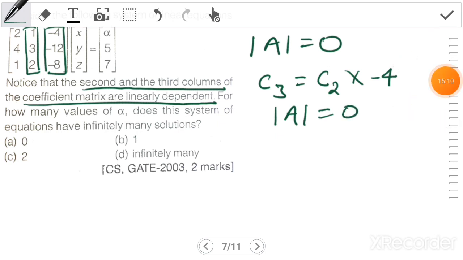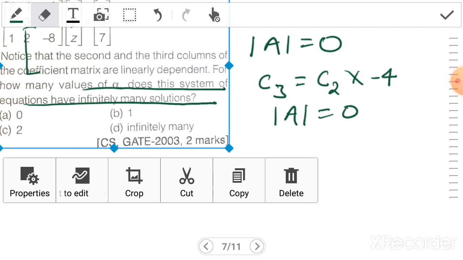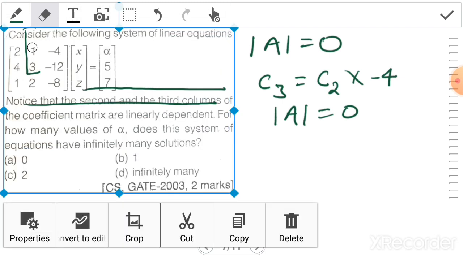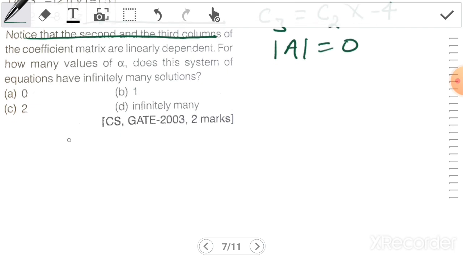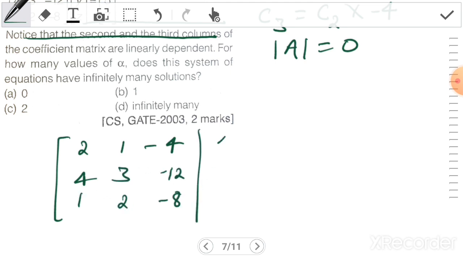So obviously this coefficient matrix is going to have determinant 0. Let's solve this through the standard method. Let us construct the augmented matrix: 2, 1, minus 4, 4, 3, minus 12, 1, 2, minus 8, alpha, 5 and 7.